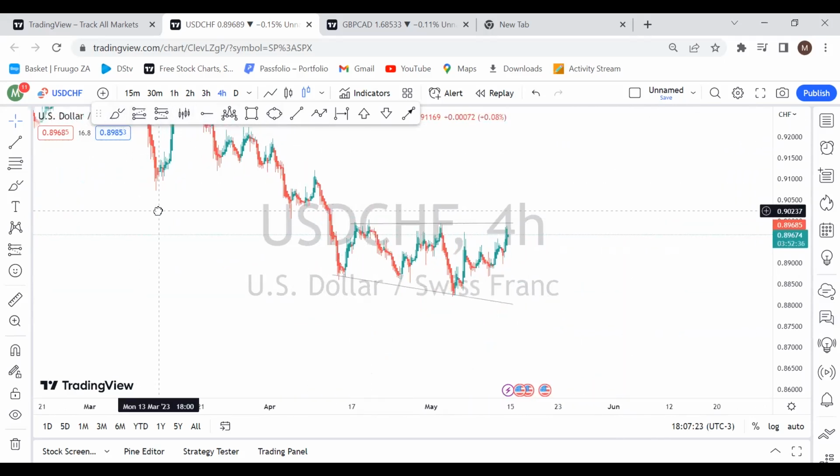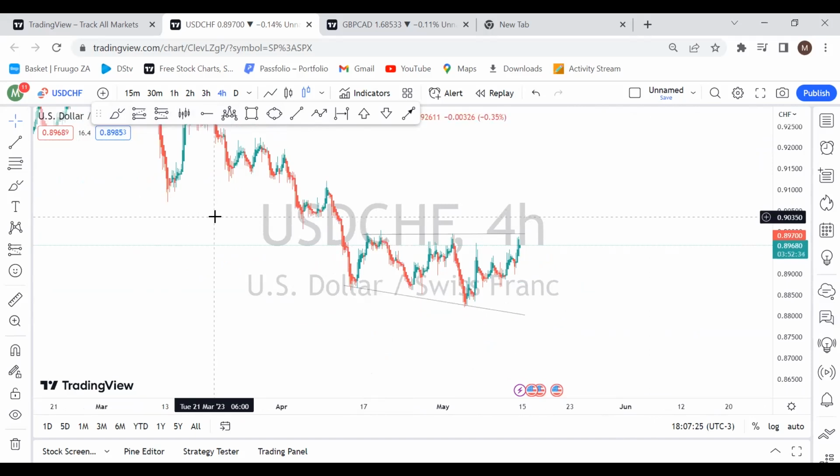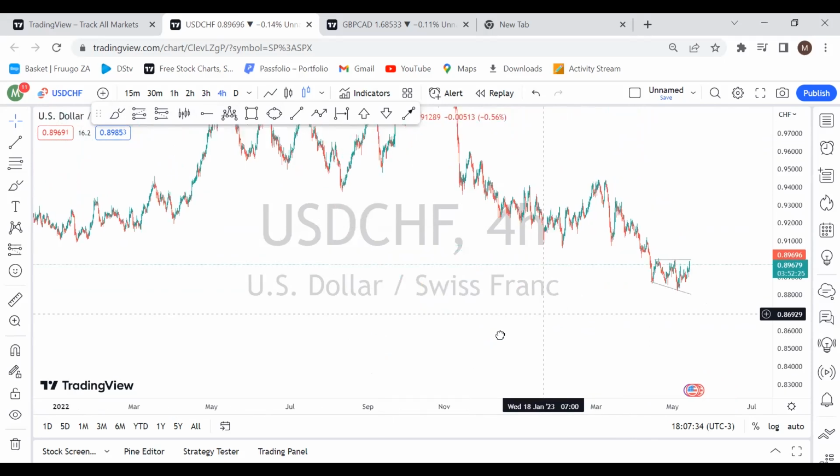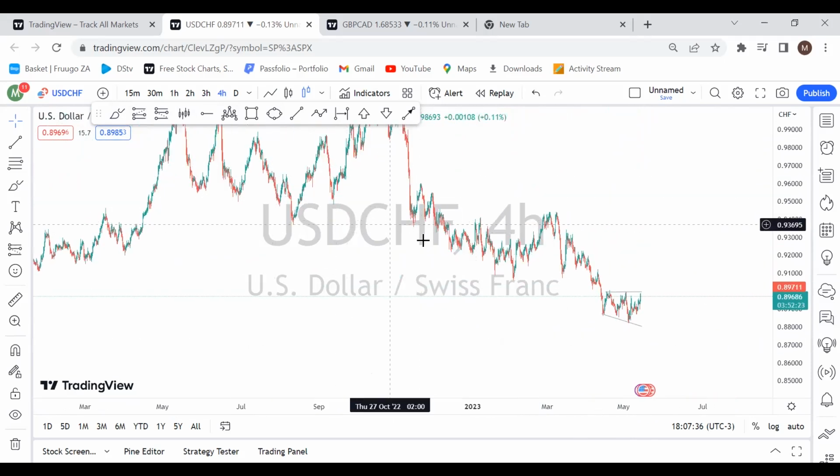And it's good to trade such pairs, very simple, clean. Well, this is really not clean because the overall formation of this is just very choppy, right?